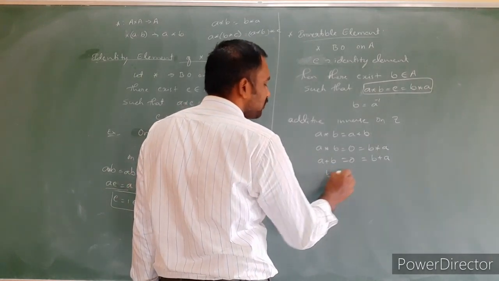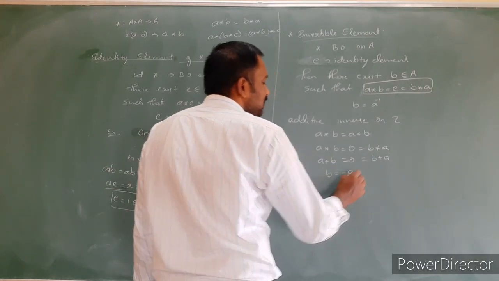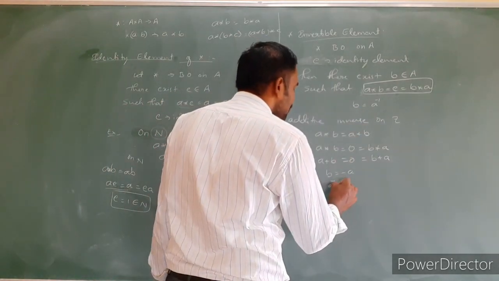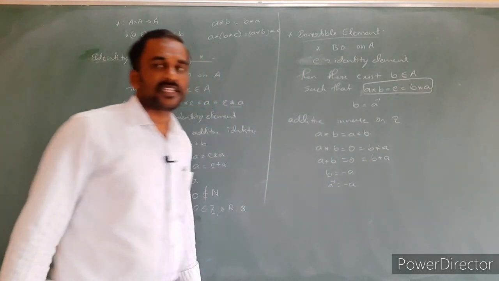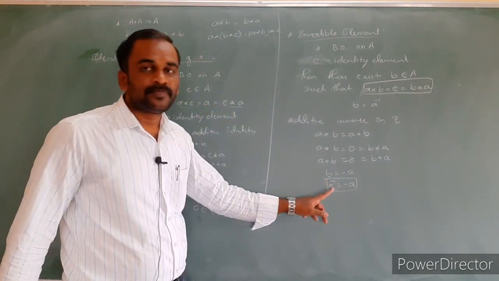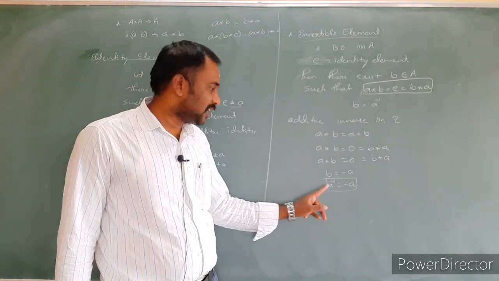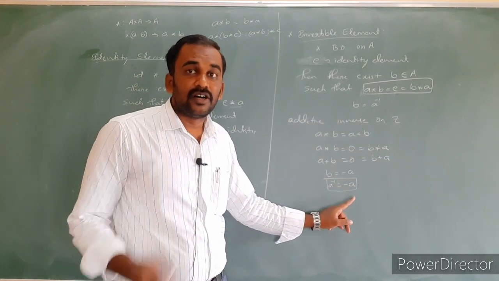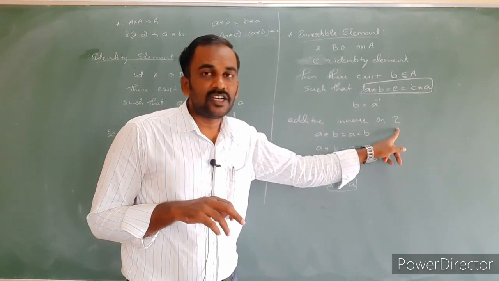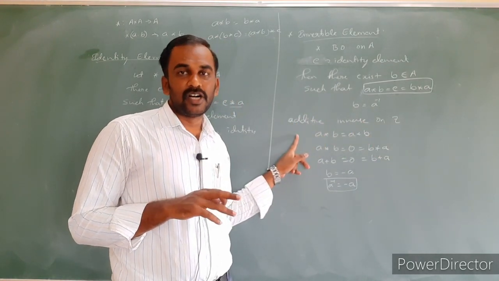So what is the required value? B is nothing but the required inverse of the element A. A inverse is equal to what? Minus A. So the inverse of the element A is minus A on the set of integers for the additive operation.